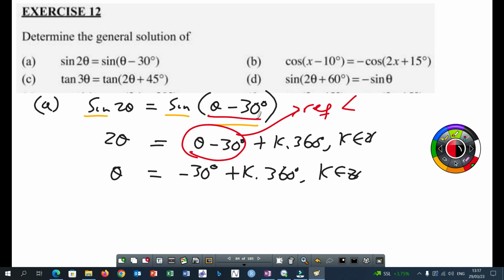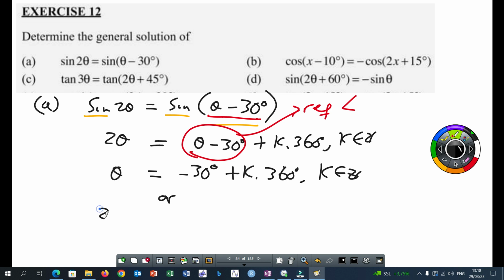Right? So I found the first general solution. I need to get the second one. To get the second one, we just have to subtract this reference angle from 180 degrees. Remember, sine has got 2 general solutions.